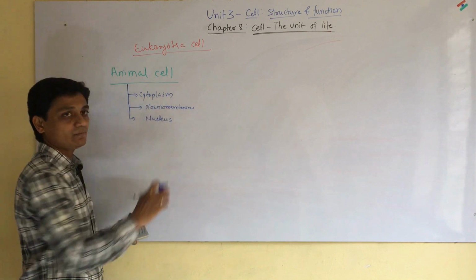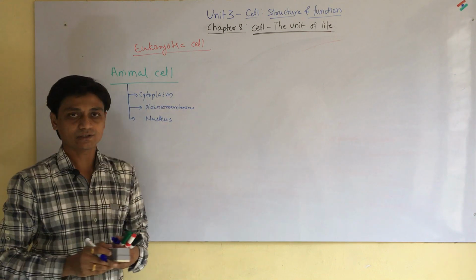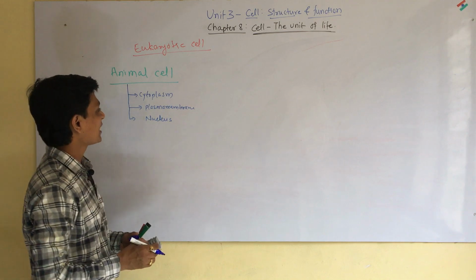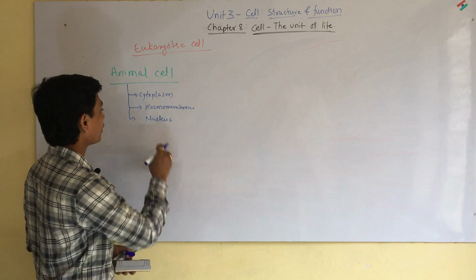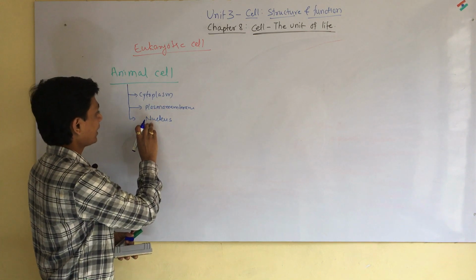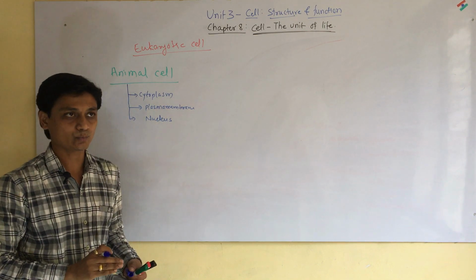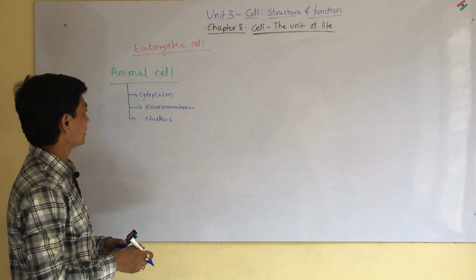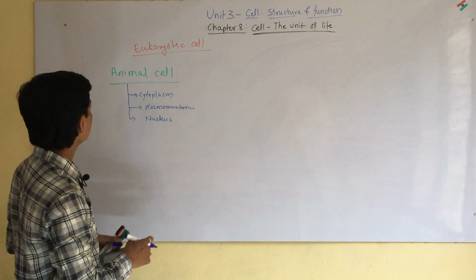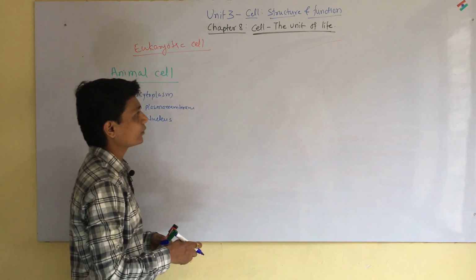In this cytoplasm, the membrane bound structures are present, while this plasma membrane holds this cytoplasm from all around it, and the nucleus is the control processing unit of the cell which is present at the center of the cell. So we will draw the diagram of this animal cell, how it looks like.